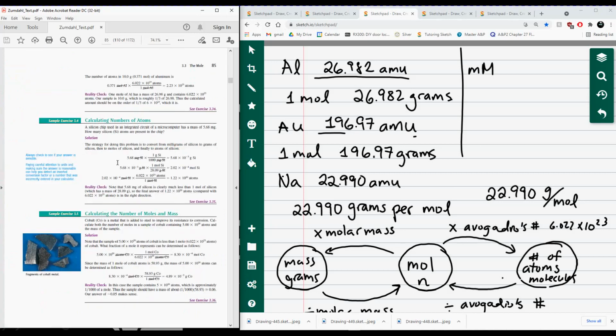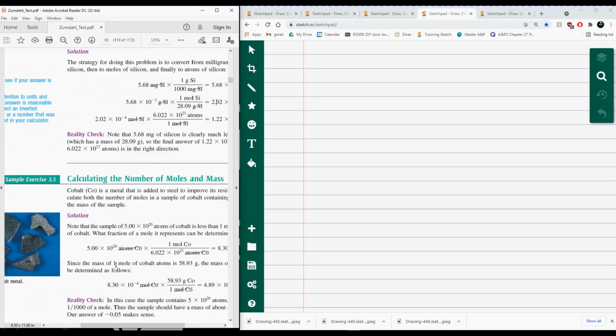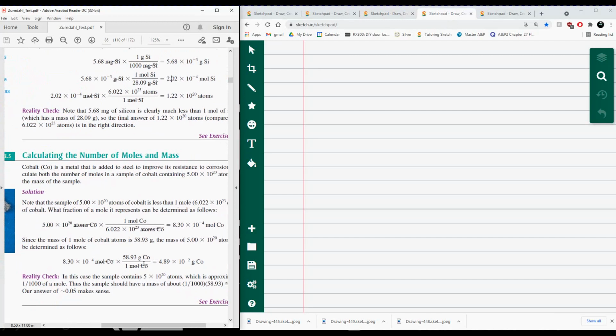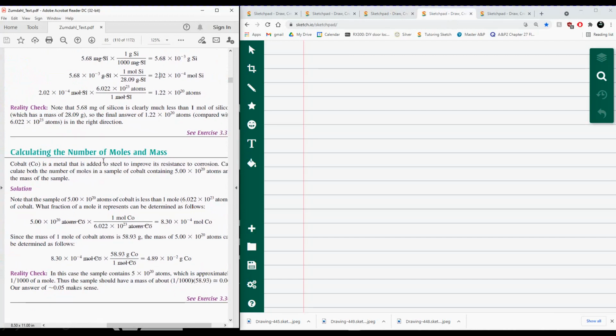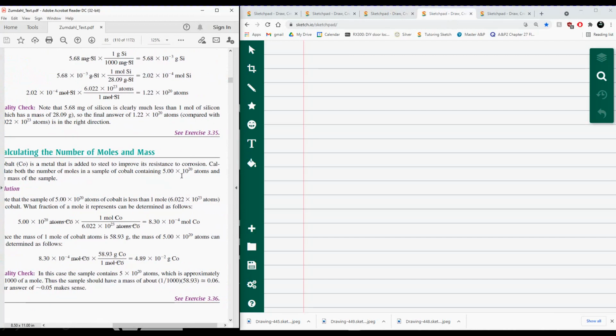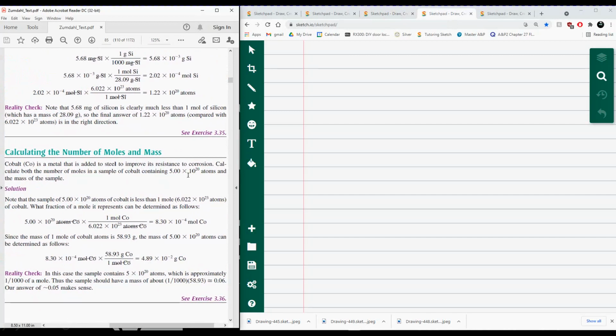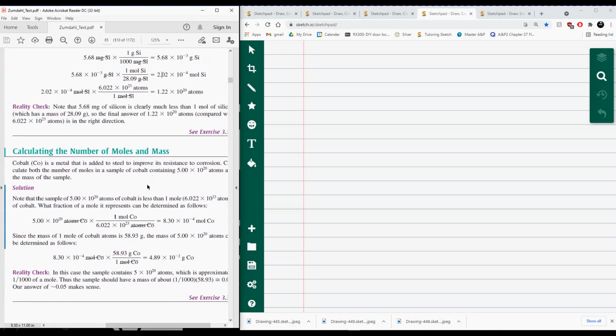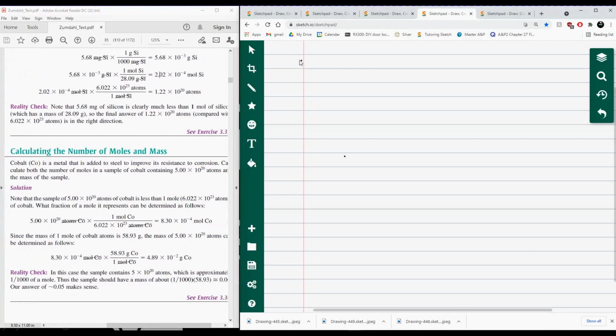And now we could do sample exercise 3.5 just to reinforce the idea of how to use this chart. So zooming in on the book, we have 3.5 given. Cobalt is a metal that is added to steel to improve its resistance of corrosion. Calculate both the number of moles in the sample of cobalt containing 5.00 times 10 to the 20th atoms and the mass of the sample. So we are given the number of atoms is 5.00 times 10 to the 20th atoms.